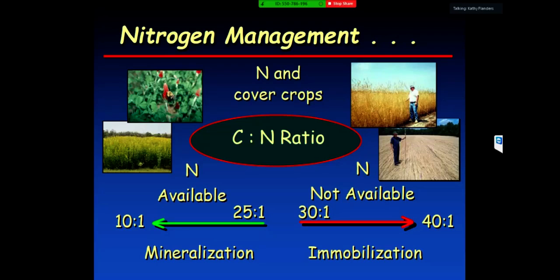So if you have a crop that needs nitrogen early, again, the legumes will release it fairly quickly. If you have a crop that needs a lot of nitrogen early, with the grass cover crops you may need to kill them a little earlier than you ordinarily want to, just to start that mineralization process of the nitrogen.